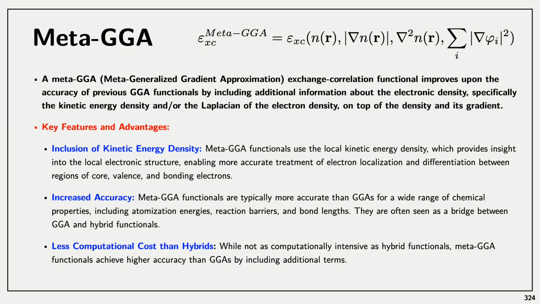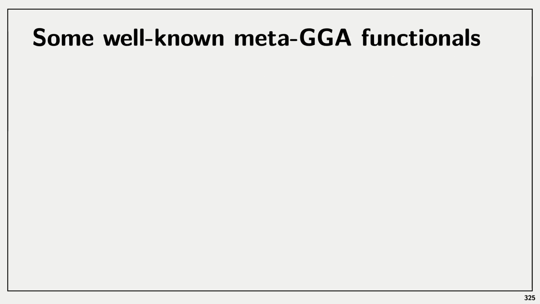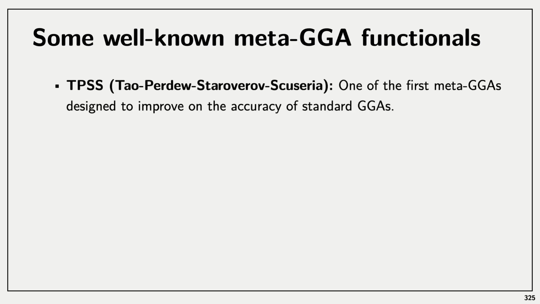So there are a number of meta-GGA functionals. I do not pretend that I'm going to make a full list. It's just not possible, and people keep developing them. But some of them are pretty well known. One of the first ones was TPSS, from Tao, Perdew, Staroverov, and Scuseria.